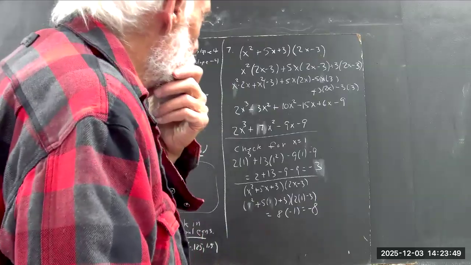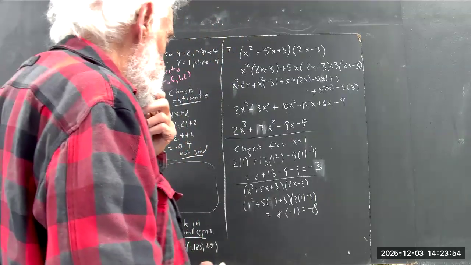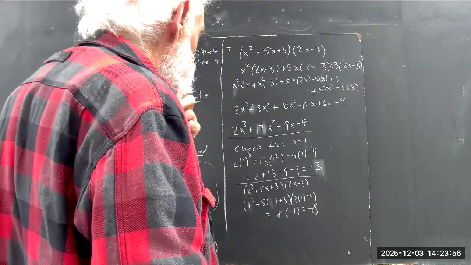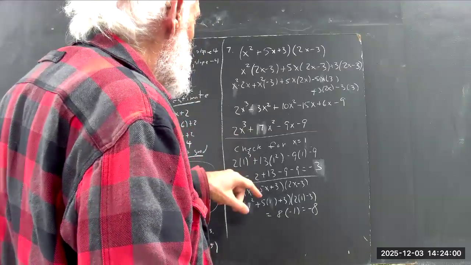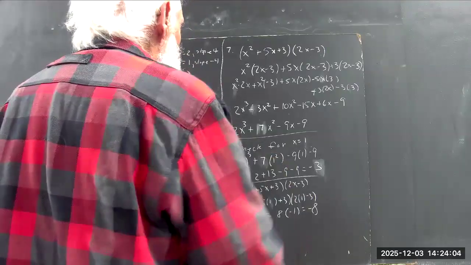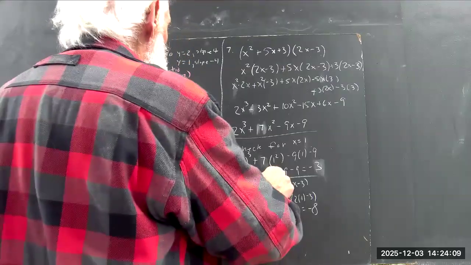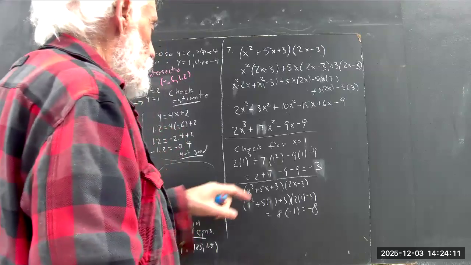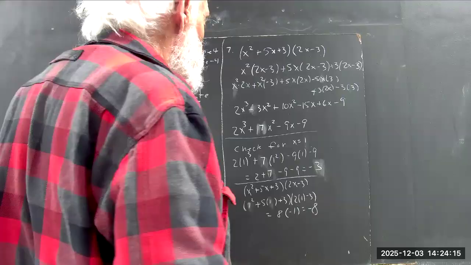And now I seem to have a problem because if it's 7x squared, that would be 7 times 1 squared, which would give me 7 instead of 13, which gives me 9 minus 9 minus 9, which gives me negative 9.